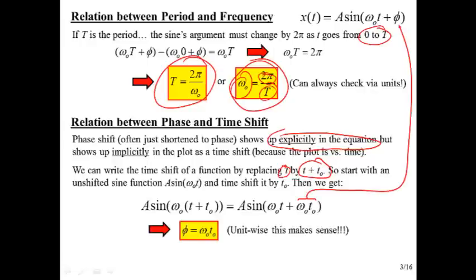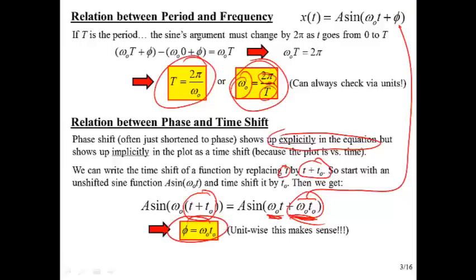And so we've plugged in the t plus t0 there. And then we pass the omega 0 through, and we see that we get a term that looks like this. So if we look at that, we see our standard form, omega 0 t, going up to the top there, plus this quantity. So that quantity there must be the phase phi. So phi is equal to omega 0 times t sub 0.